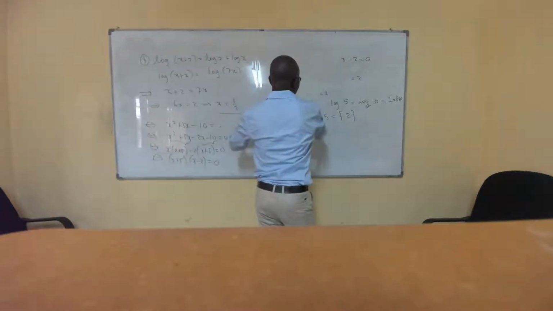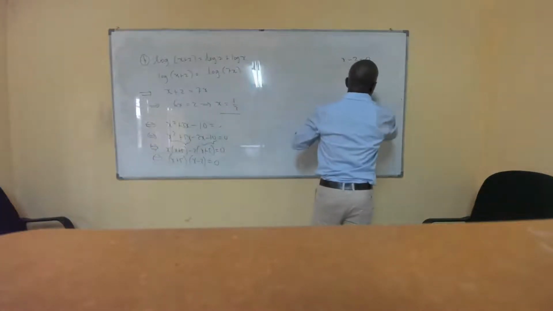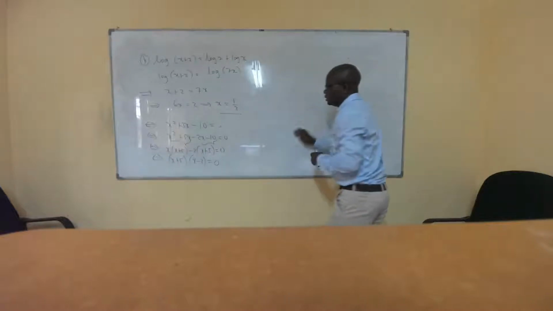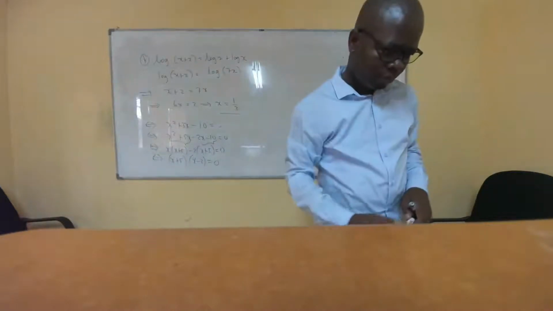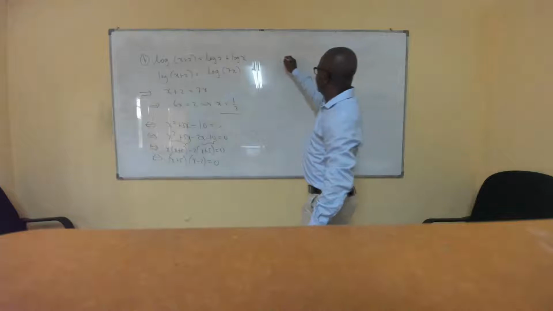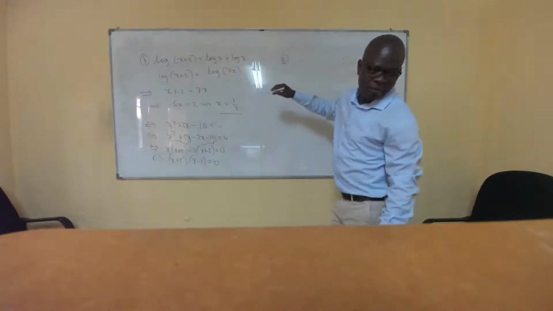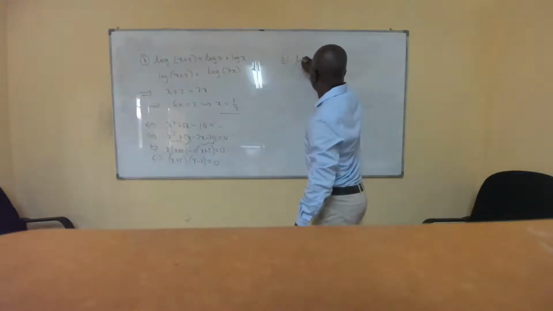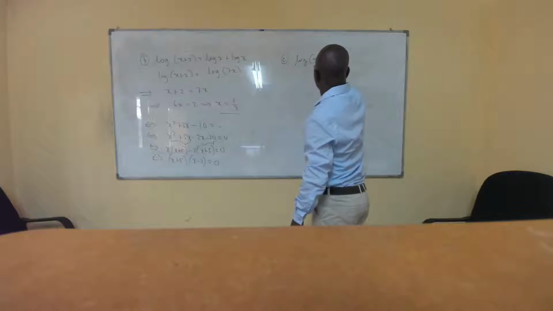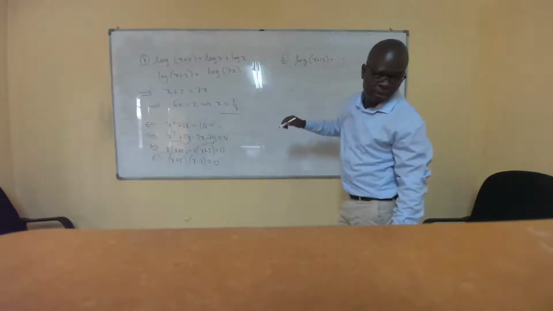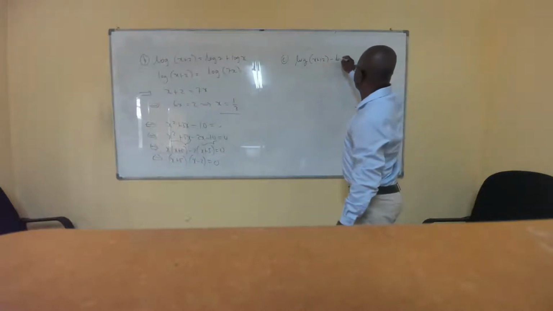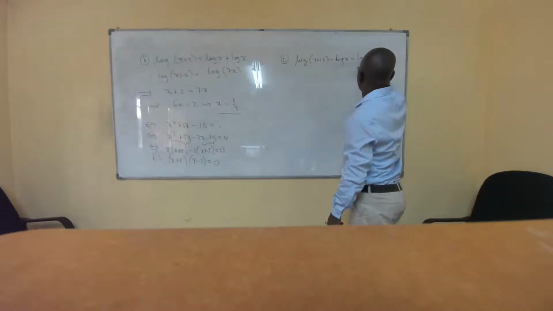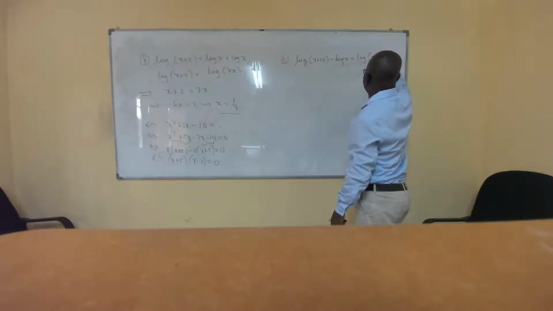You should be able to check that indeed that is the solution. But see, we have log of x plus 12 minus log x equals log of x plus 9.